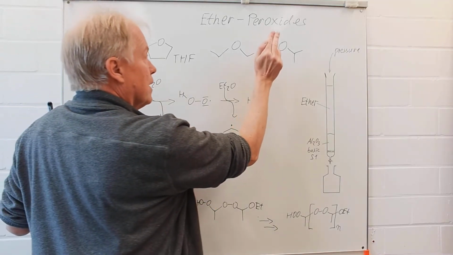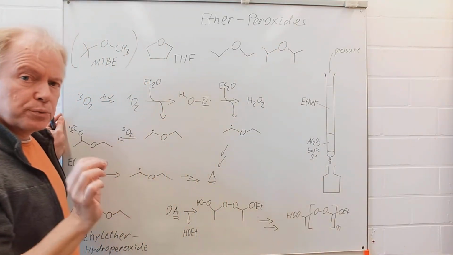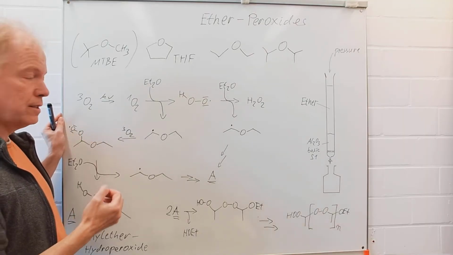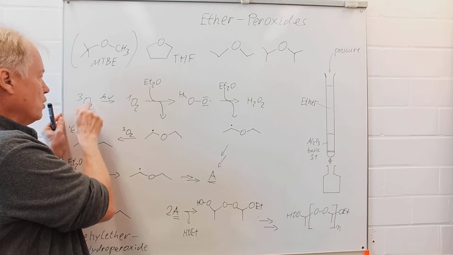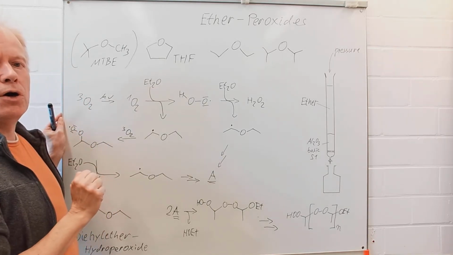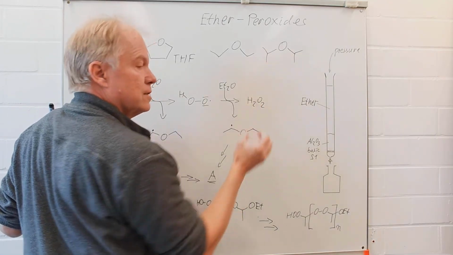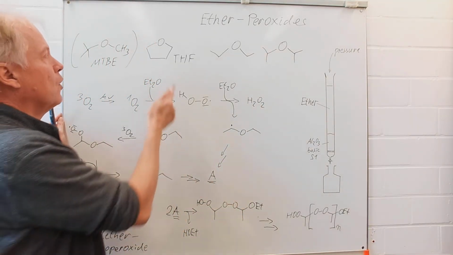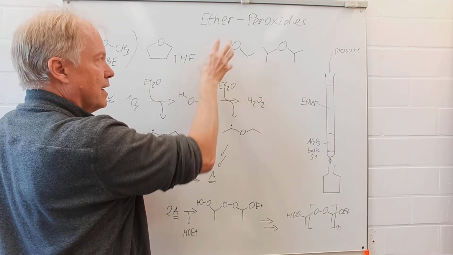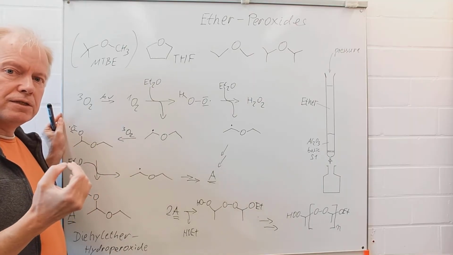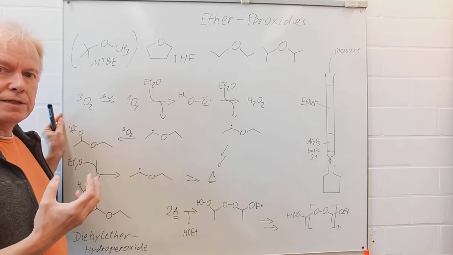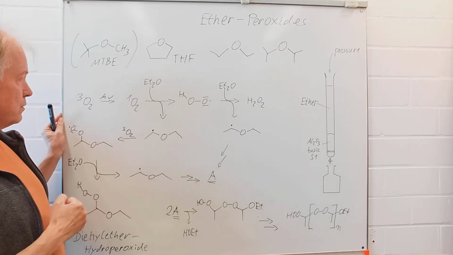So, diisopropyl ether is able to react directly with oxygen in the ground state. This is triplet oxygen. This reacts even in the dark. For the reaction with oxygen, THF and diethyl ether need light, so photochemical irradiation, to start the reaction.